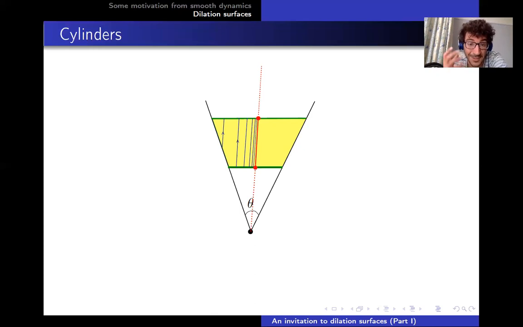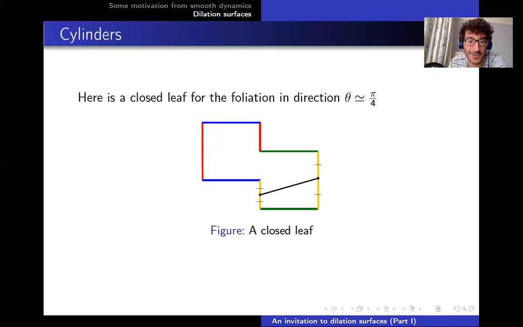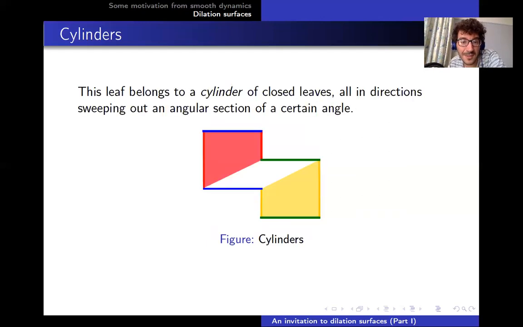And yeah, so you have to bear in mind that those cylinders are important. So for instance, in the example that I've been using, here I can see a closed leaf that I got by the same phenomenon. So you have to tilt the picture to make the yellow lines fit into this framework, and you see that I have a whole cylinder that's swept out by periodic orbits, and I get a lot of foliations with periodic orbits in an open set of directions on the surface.